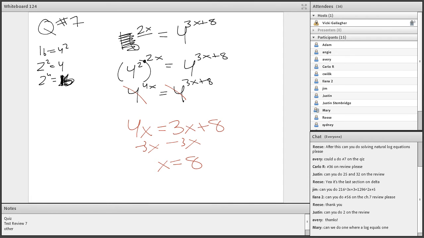Okay, so if you ask for number 56 on the review, I might need you to type it in for me because I don't know that I printed out that review. I should probably stop looking for it and just answer your questions. Okay, sorry, that's really boring. I'm staring at my computer screen trying to find an email.